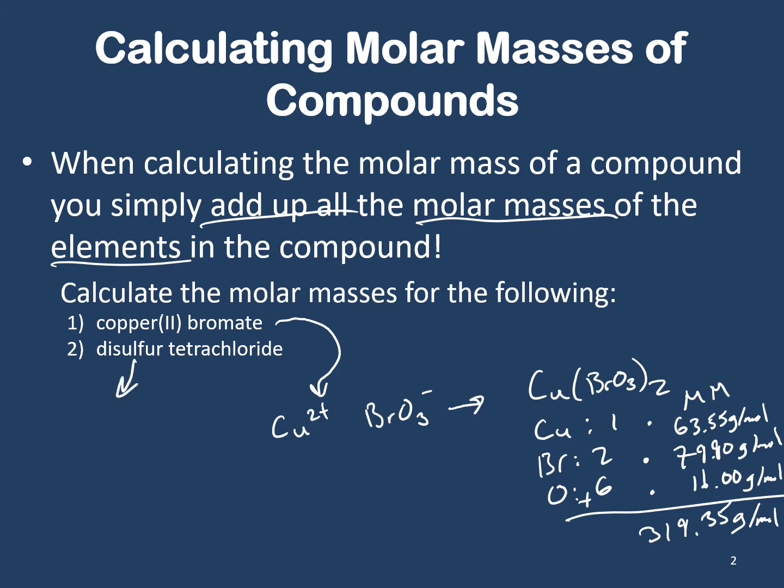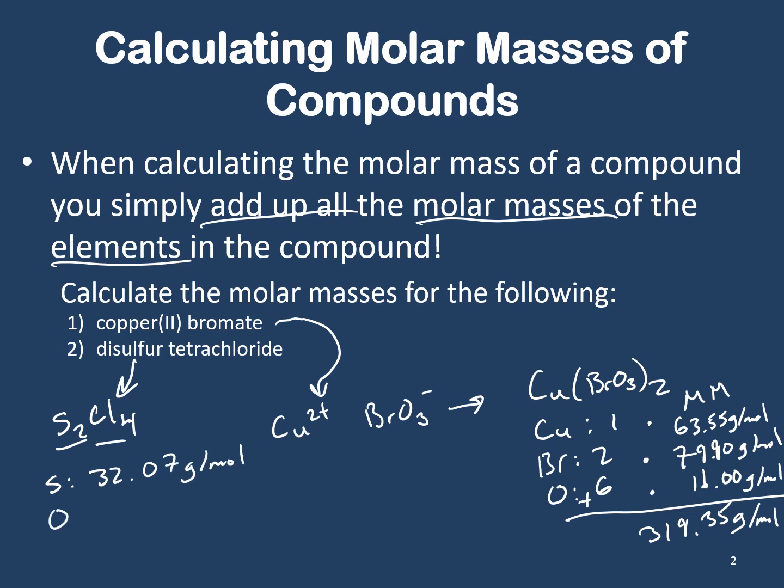Okay, so let's do this one more time. Now we're going to do it with disulfur tetrachloride. So disulfur tetrachloride should be S2Cl4. Sorry, not 5, that's penta. 4. So again, we have 2 sulfurs, 4 chlorines. We need to look up these molar masses. Sulfur's molar mass is 32.07 grams per mole.